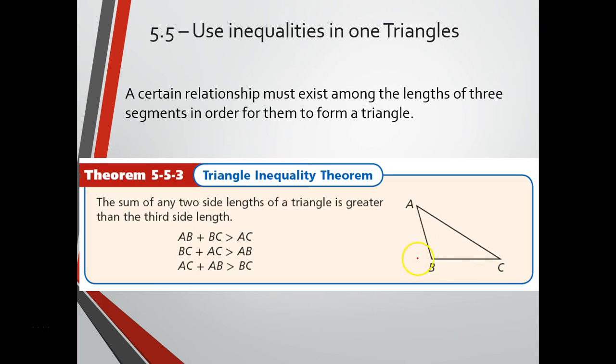And then same thing goes with BC and AC. Add those two sides, it's going to be greater than AB. And then lastly is AC and AB. Add those two sides, it must be greater than BC. And notice it says greater than and not equal to. Never equal to, just always greater than.